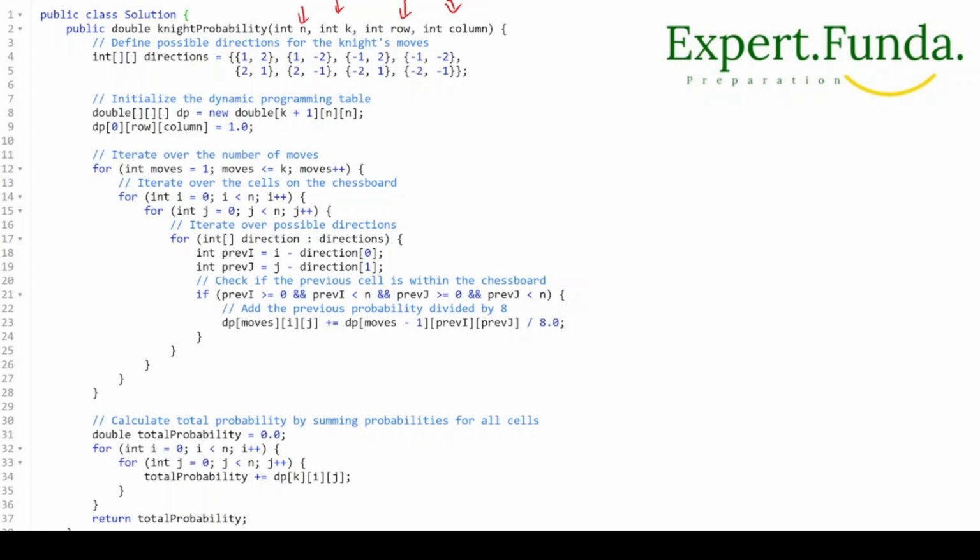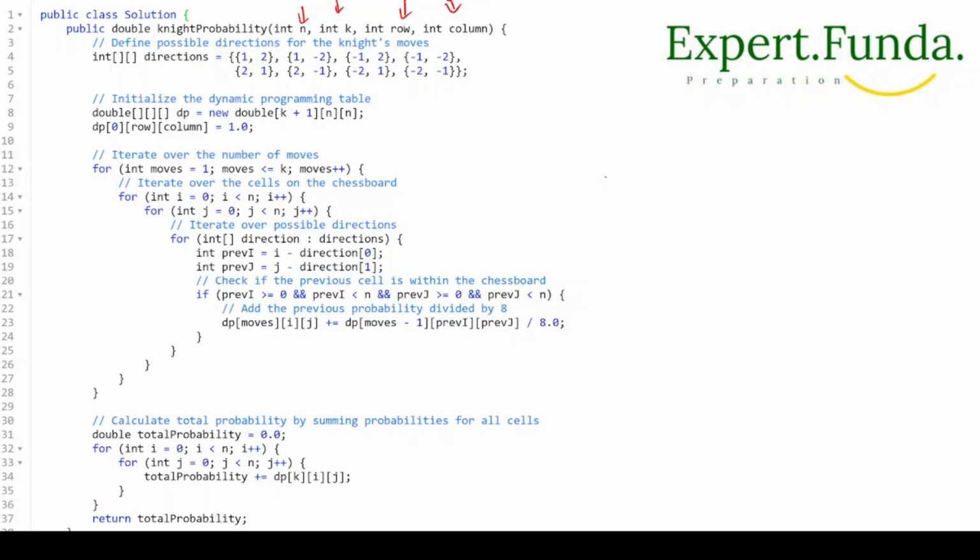So in total we have talked about the directions, right? How many directions will we take? We have already considered all the 8 possible directions in which the knight can move, right? Each direction corresponds to a movement pattern of 2 steps in one direction and 1 step in a perpendicular direction, and vice versa. For example, one possible direction is moving 2 steps vertically and 1 step horizontally to the right.